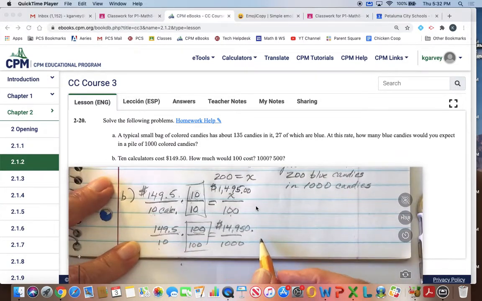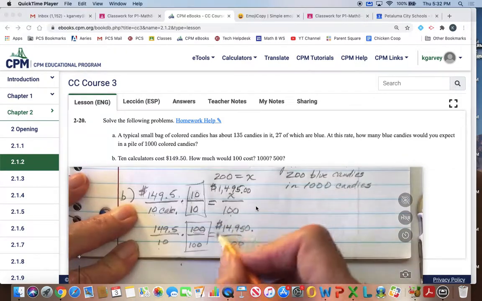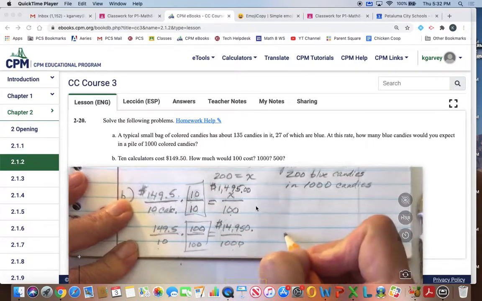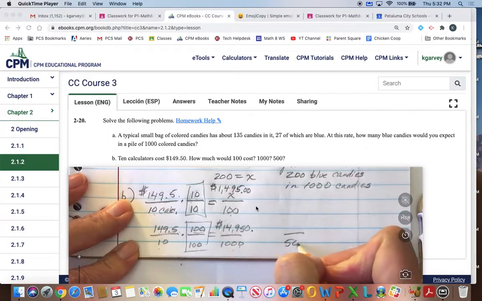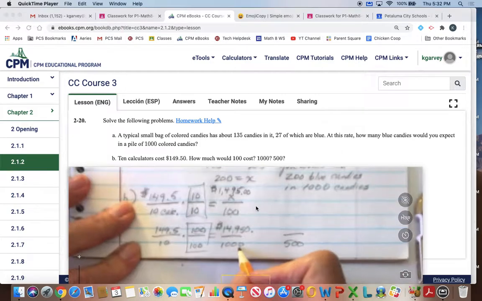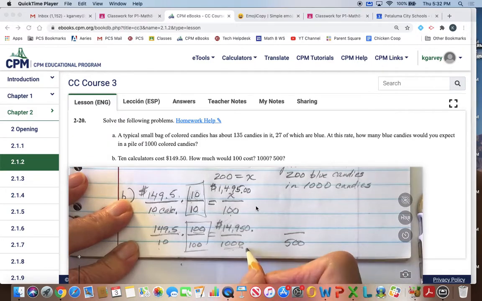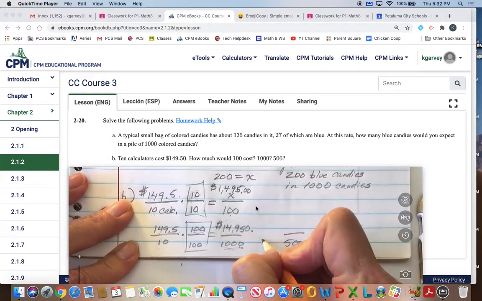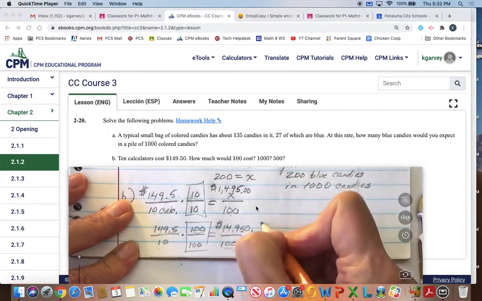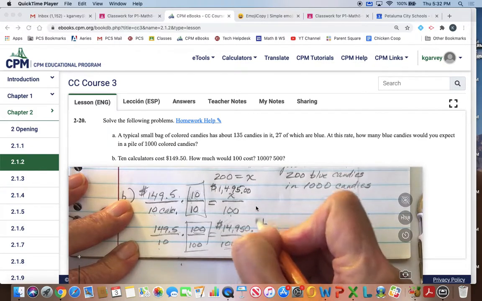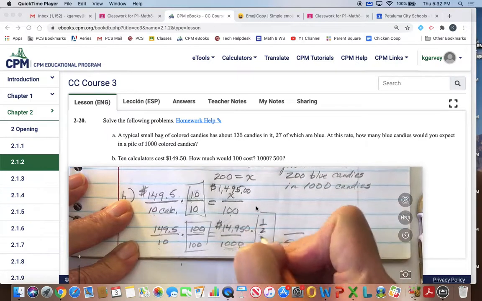All right, and then it's pretty easy to figure out the 500, because if we know this one already and we're trying to get to 500, that means we multiply this by 1/2, and then we multiply this by 1/2, so that's our giant 1.